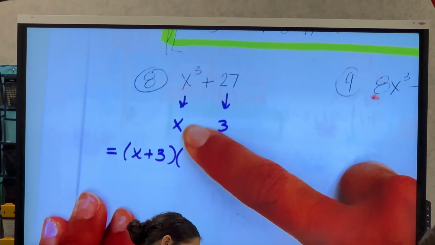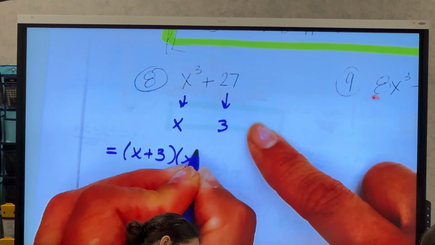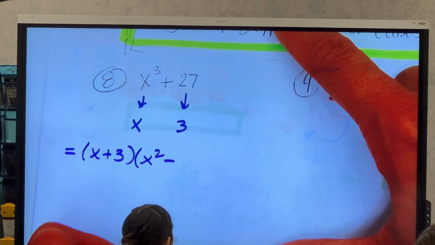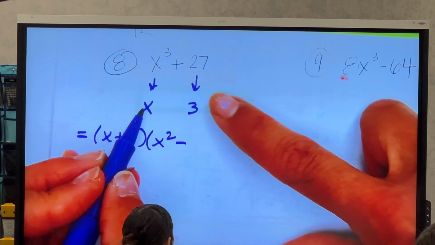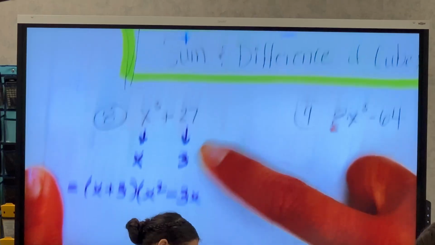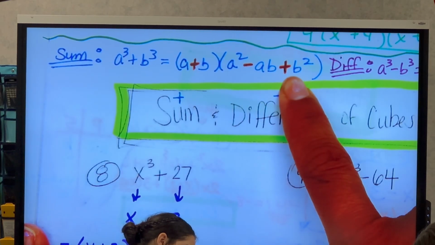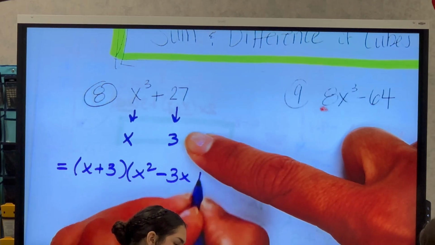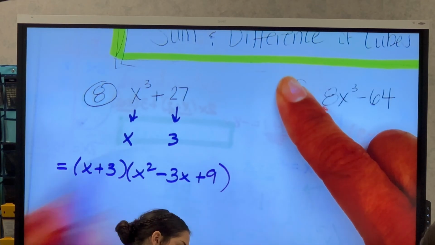Well, I have to take X and square it. That's easy, it's just X squared. And then it says minus AB, so minus A times B, X times 3 is 3X. And then in the formula it says plus the B squared. Well, our B is 3. What is 3 squared? So plus 9. And then that's it.